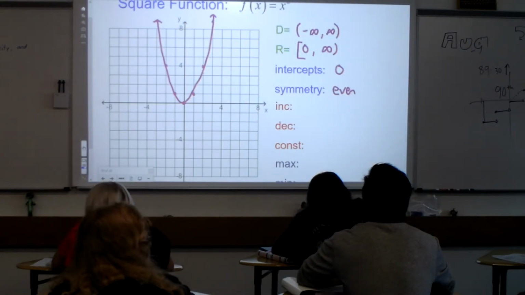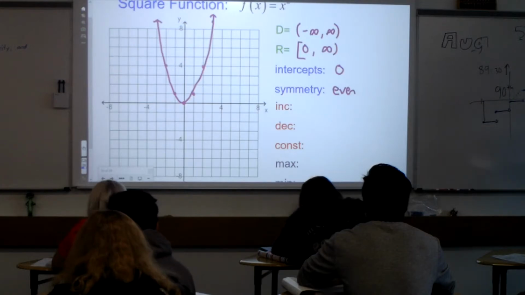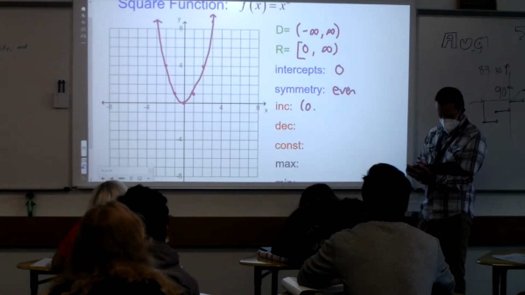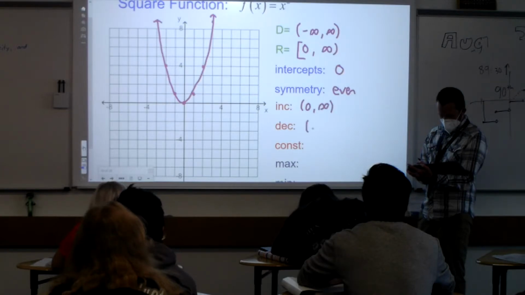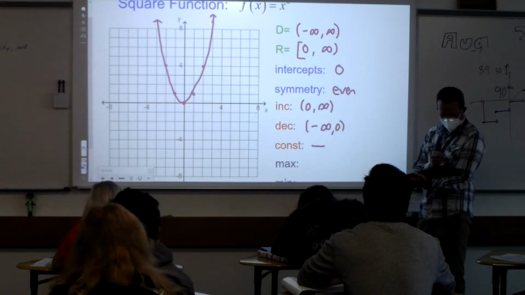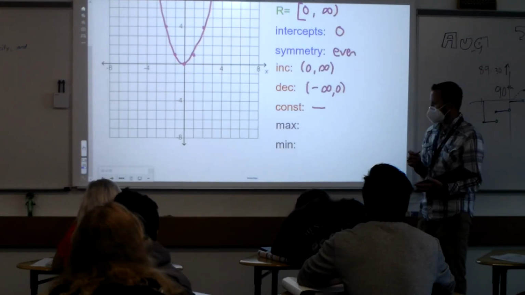Is this increasing, decreasing, or constant? We actually were going to get 2 here. So Jackie, what'd you say? You guys agree? Nice job. So it's never constant. And what about a max or min? What would we have here?